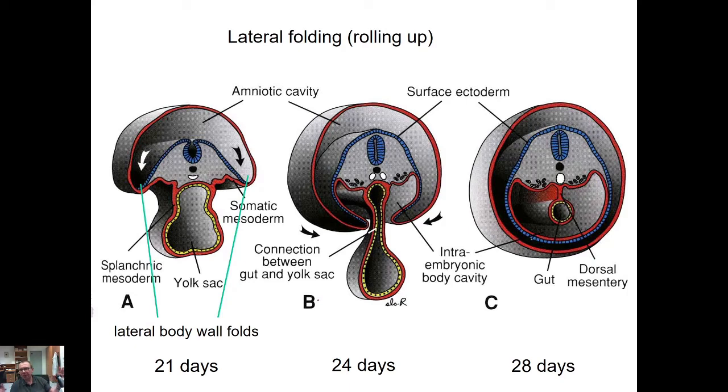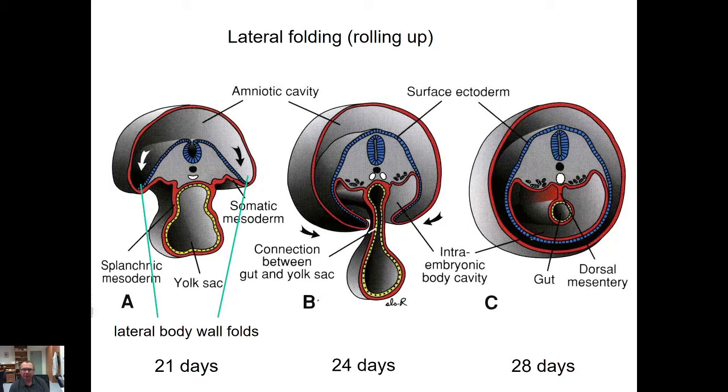Its tubular shape was given at the end of the 3rd week, and then it folds because it grows faster than the surrounding space is allowing, and so its cranial, caudal, and lateral poles are going down, going ventrally. Everything is folding to the ventral side.